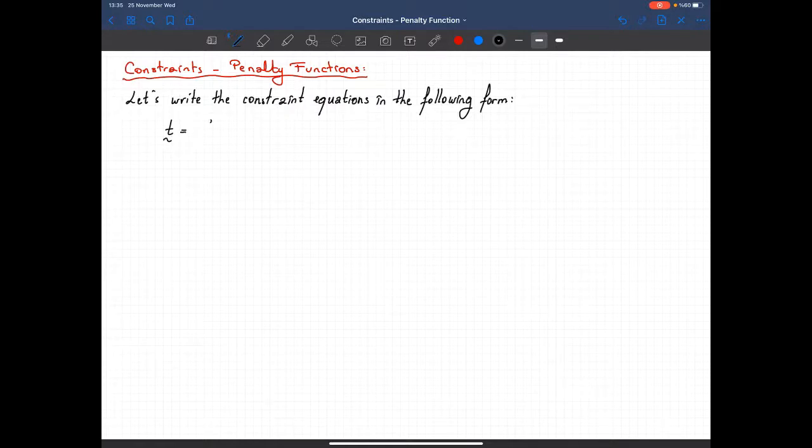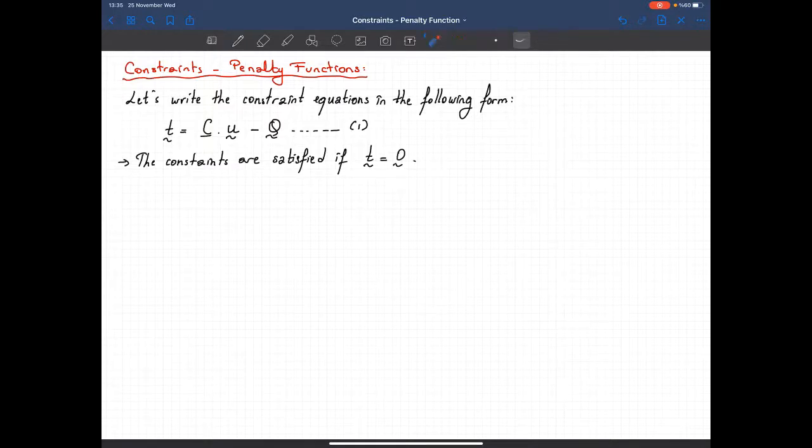T is equal to C times U minus Q, and let's call this equation 1. We say that the constraints are satisfied if this vector is equal to 0. Okay, so we satisfy all the constraint equations if this part is equal to 0.